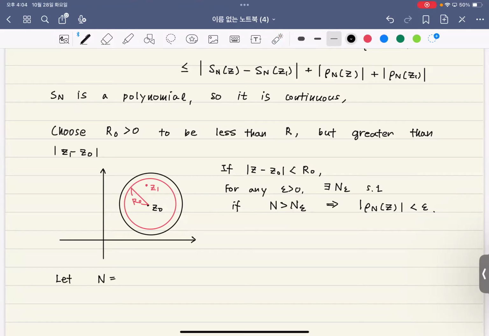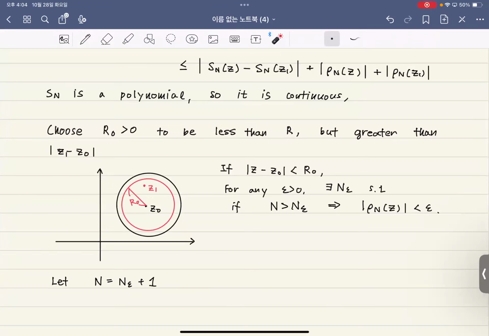Please allow me to set my index n as n sub epsilon, the number that I have just found over here. And I want this to be greater than this number, so I'll just put +1 over here.